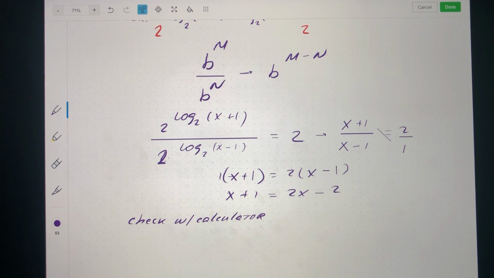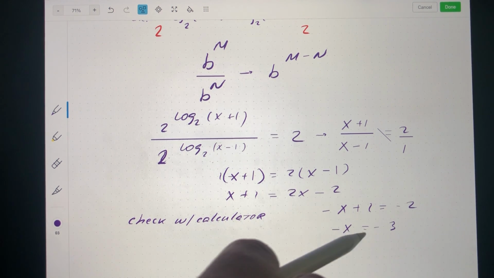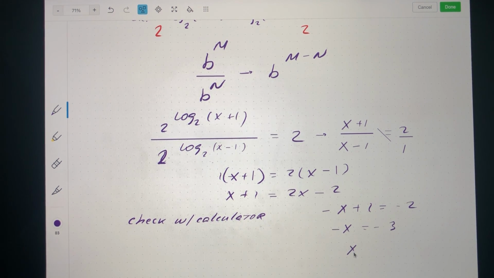Getting all the x's to one side, we subtract 2x from both sides, making it negative x plus 1 is negative 2. Then subtracting 1 from both sides, we get negative 3. But we're looking for positive x, not negative x. So when we multiply both sides by negative 1, we get x is 3.